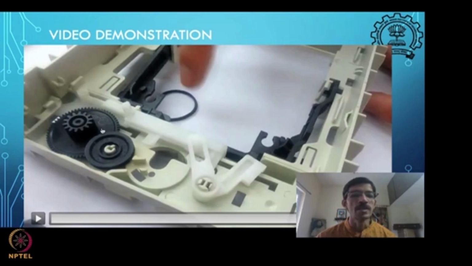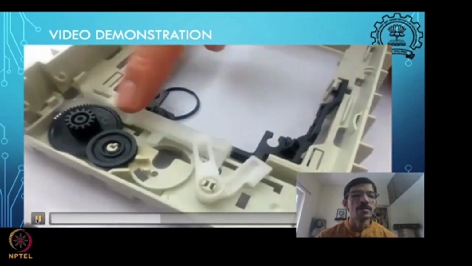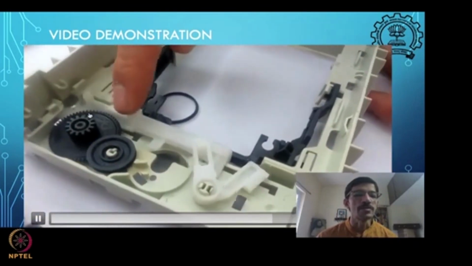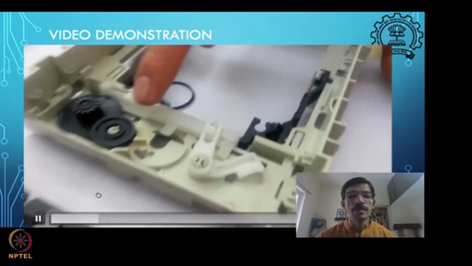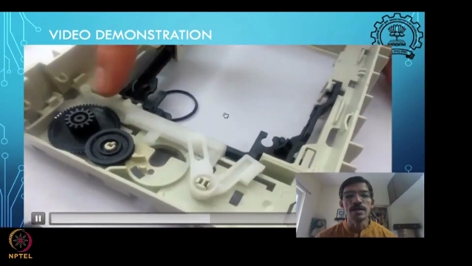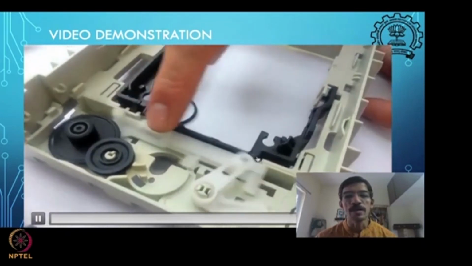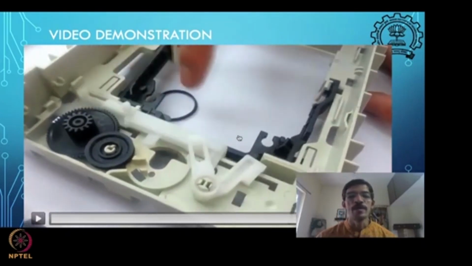As this rotates, some gear might also have been removed from the system. No, this gear is still intact. When this gear rotates, this will slide here, and that sliding will do something interesting. You see, this sliding is pushing this small black tray up.